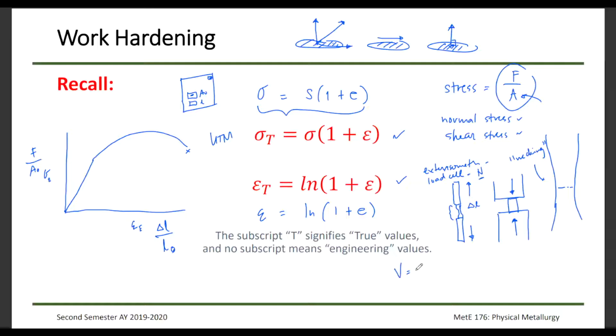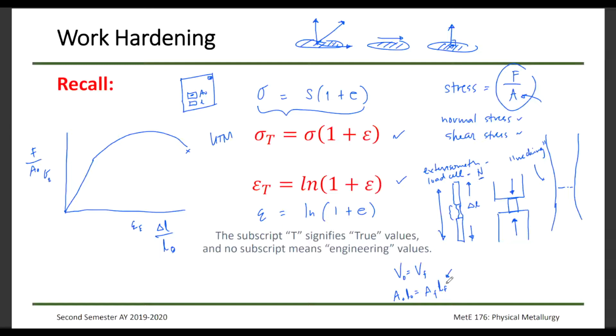If the volume is the same, kunwari V naught is equal to V final, then dapat volume is equal to area times length, no? Area naught times length naught. Tama? Tapos, ang volume final is area final L final. Parang ganyan. Tapos, we know that the final length, if this is a tensile strength, if the final length is increasing, no? Kasi hinahatak natin yung sample natin eh.